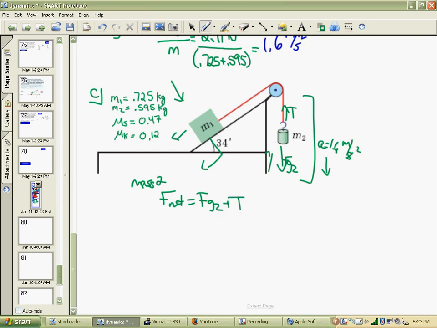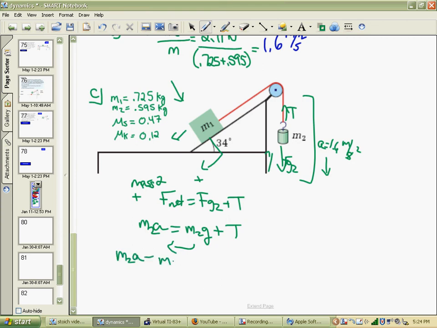What is F net? Well, in this case, it's m2 times the acceleration, and that's equal to m2 times g plus tension. We're going to try and solve for T. Let's check our directions out. F net is positive, and our Fg2 is also positive. So when we take this to the other side, you'd have m2a minus m2g equals tension.